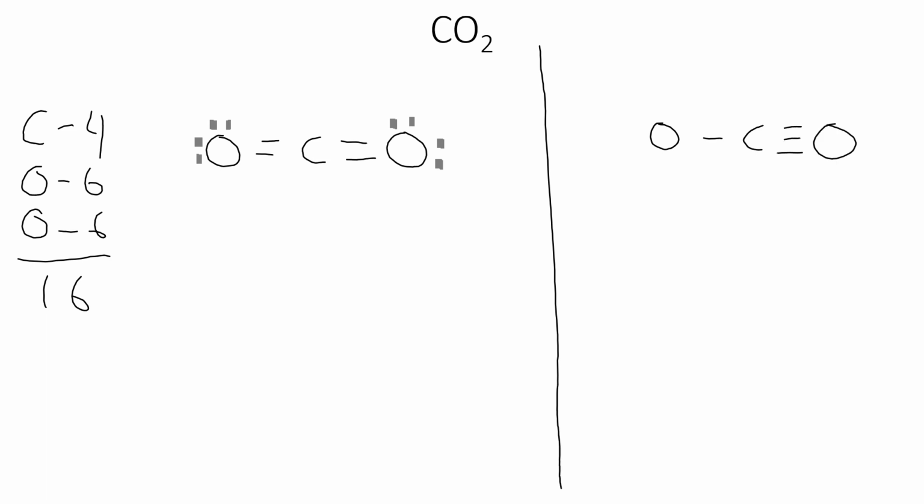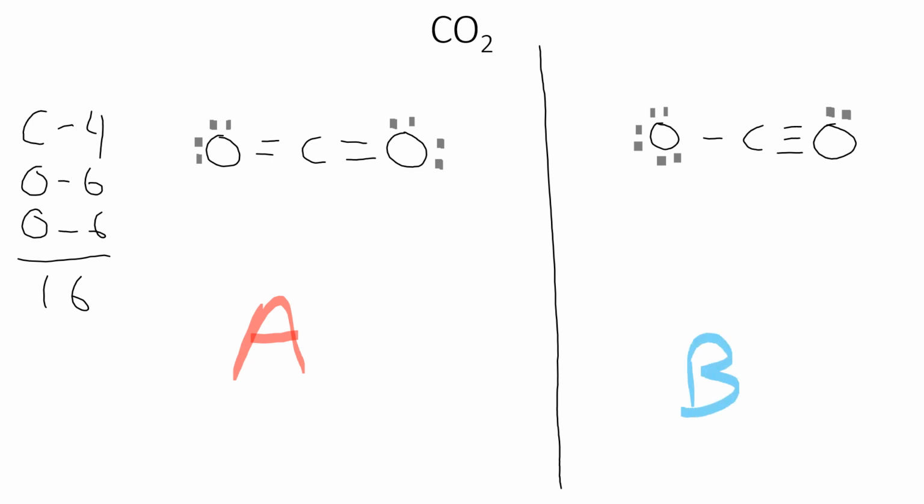So if I put in the lone pairs for that structure on the right, we would have 3 on the oxygen on the left, and just 1 on the oxygen on the right. We'll call the structure on the left A, we'll call the structure on the right B.